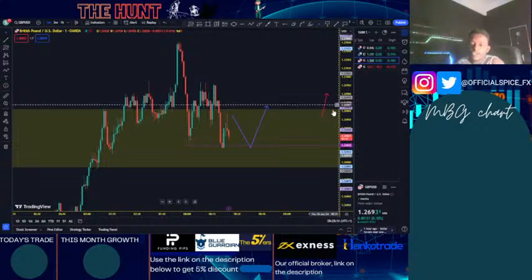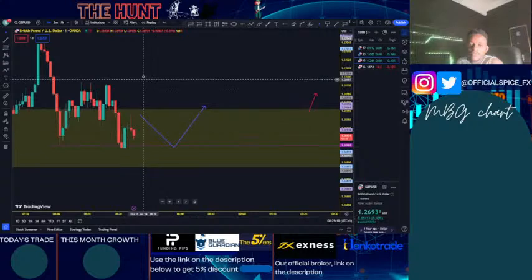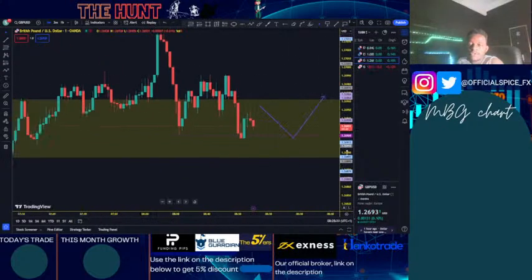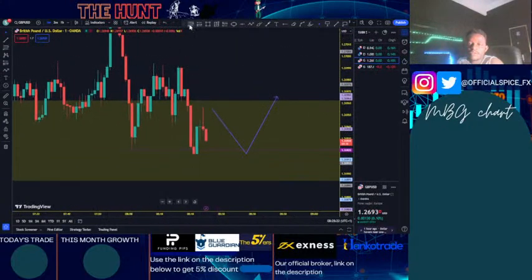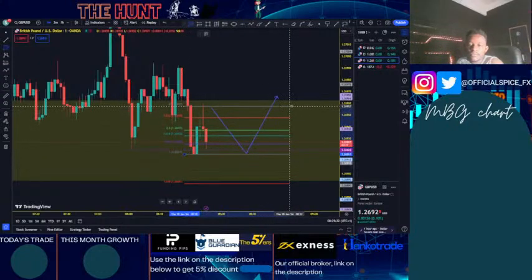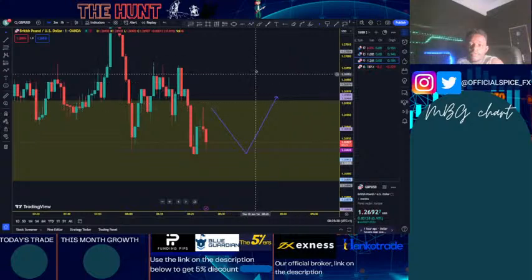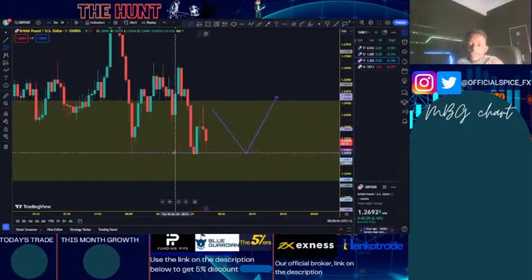Now I love this push. I love this push. Now sometimes I just take my Fibonacci tool to measure this point right here. Just measure this point right here, and yeah, I think price is sitting at a very good place.